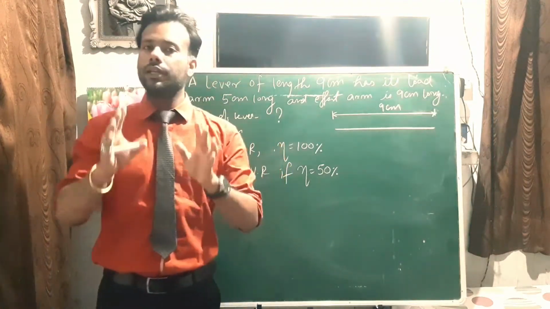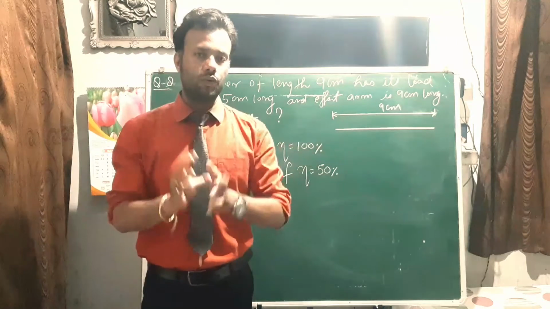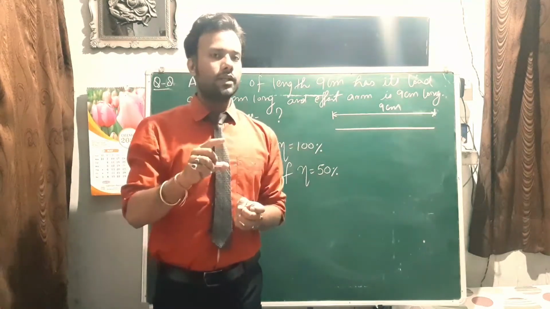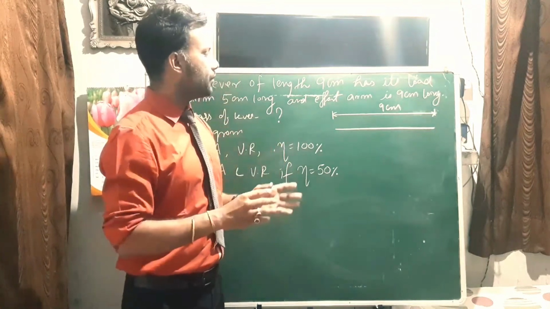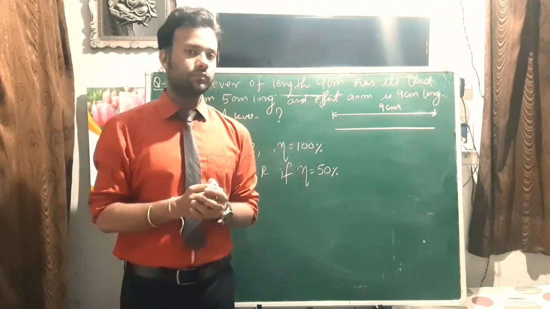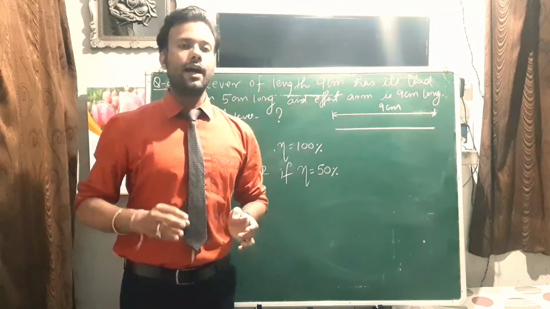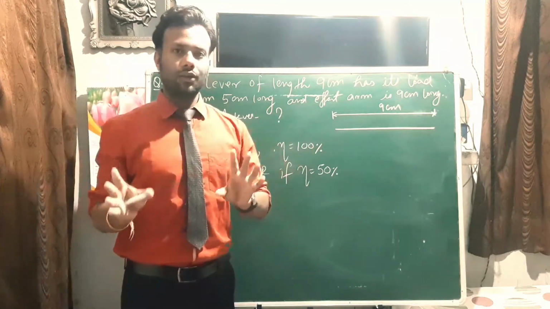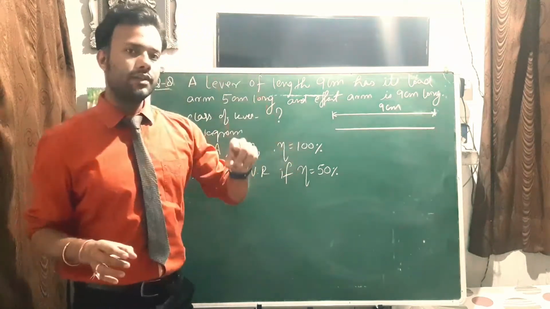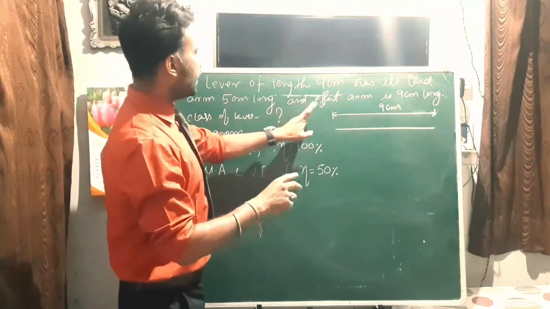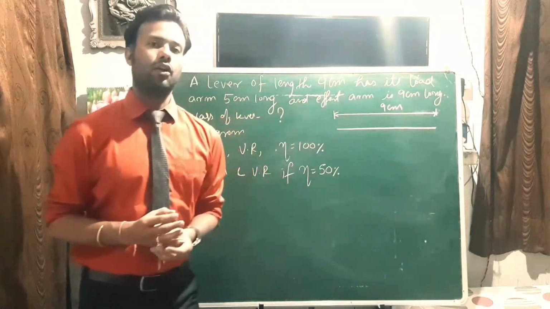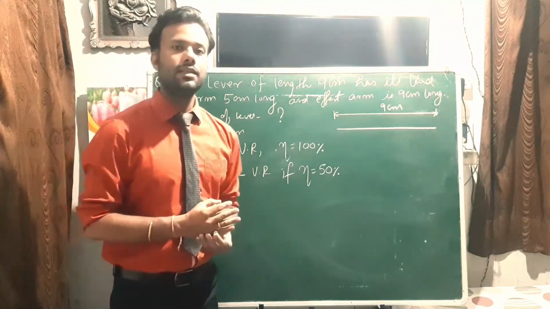Load arm is nothing but the distance between fulcrum and the load, and load arm is 5 centimeter, which means it is less than the total length of the rod, and it lies somewhere within the rod. And once more, the effort arm is 9 centimeter long.